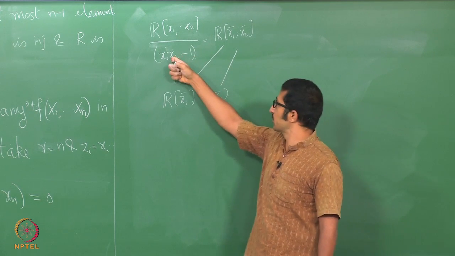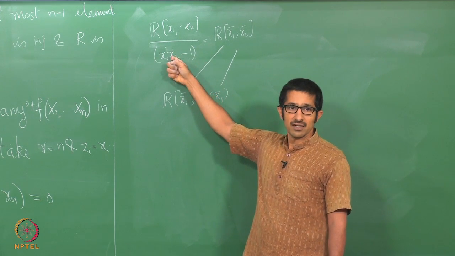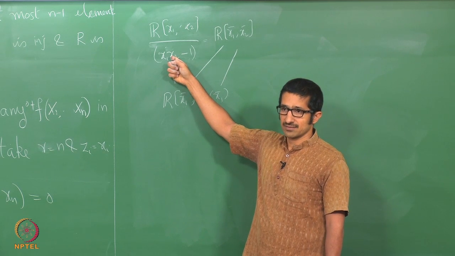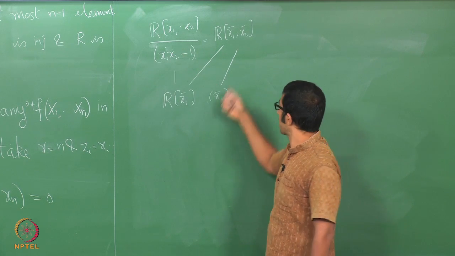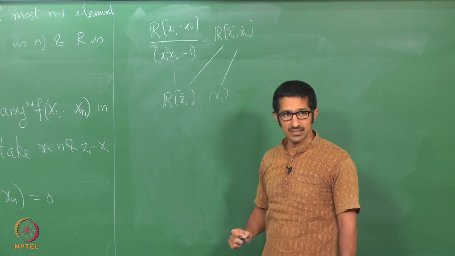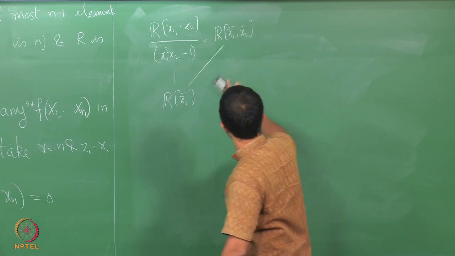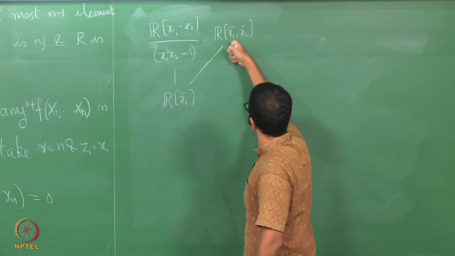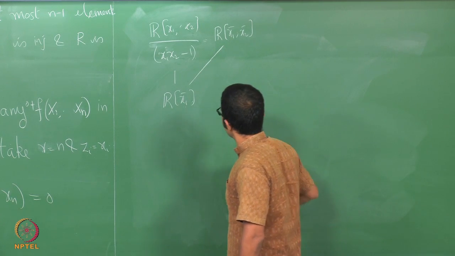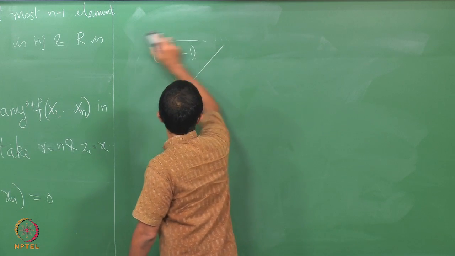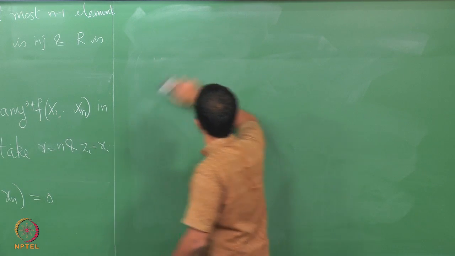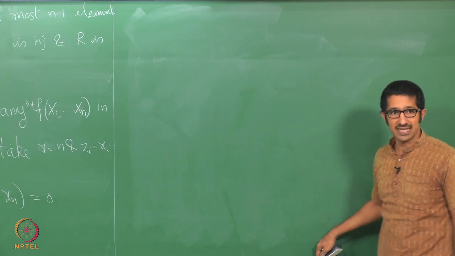If it contains x1 bar, it will become the whole ring. So there are no prime ideals here which contain this one. Therefore this is not an integral extension. So if I simply take some variables, that might not work.